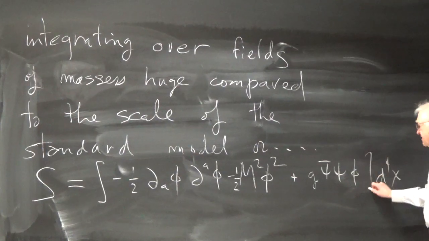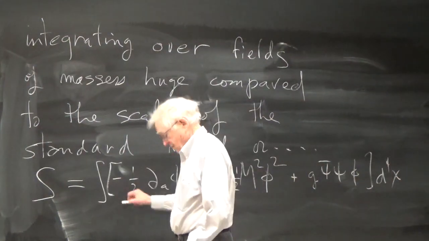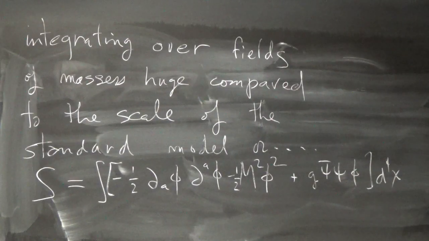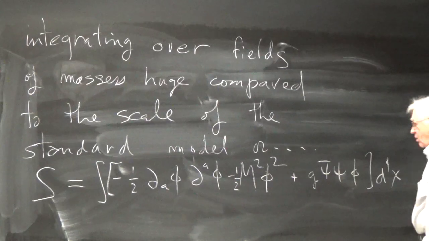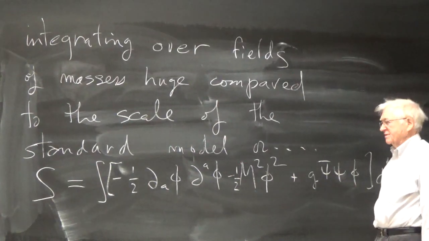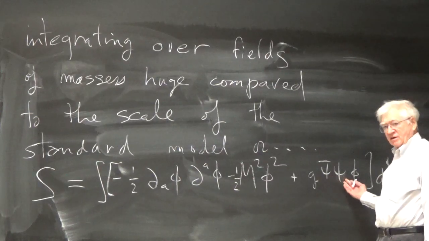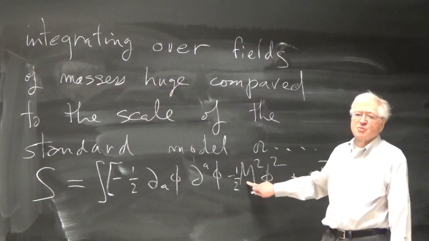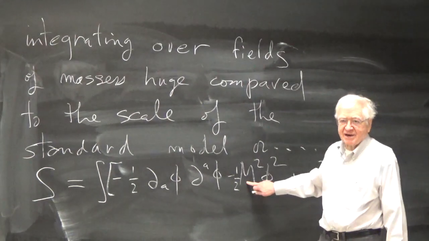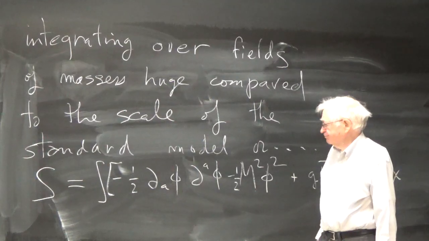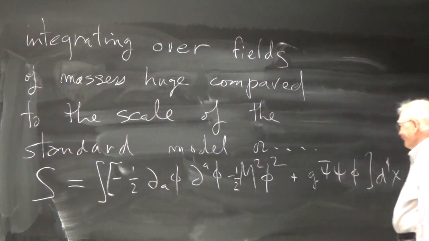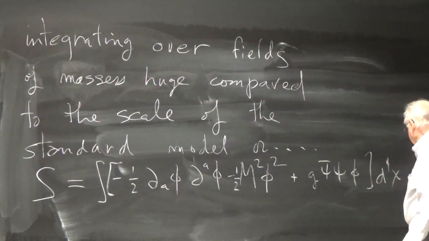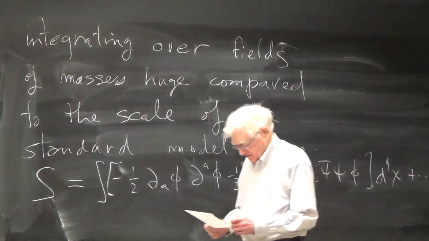So suppose that is the action, and this is a simple example of such a situation. So ψ is some Fermi field, spin 1/2 field. φ is a field with a huge mass represented by a capital M. Okay, and I'm ignoring any other terms in the interaction. I'm just trying to focus on what's simple.